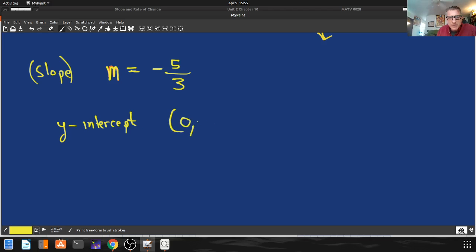Our y-intercept is (0, -1). So we can try to sketch that. This point right here is (0, -1). That corresponds to our known point.